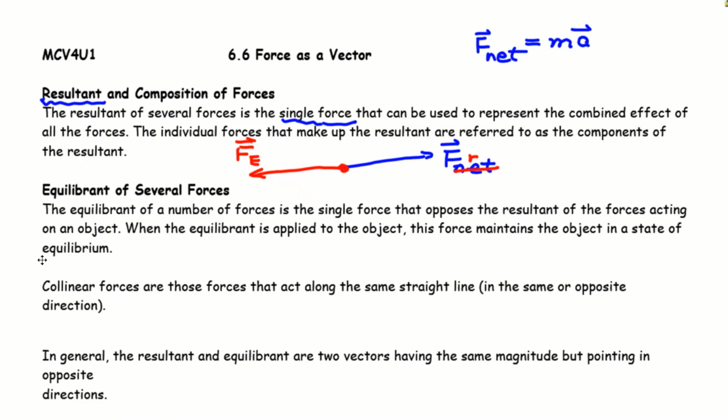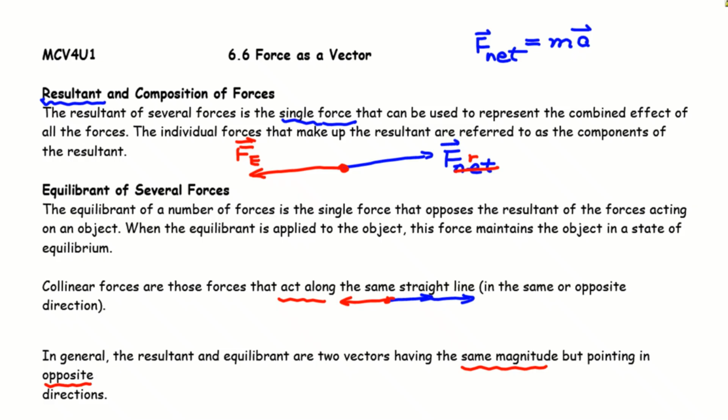This state we call equilibrium. Collinear forces are those forces that act along the same straight line, either in the same direction or opposite. So we call them collinear. In general, the resultant and the equilibrant are two vectors having the same magnitude but pointing in opposite directions.